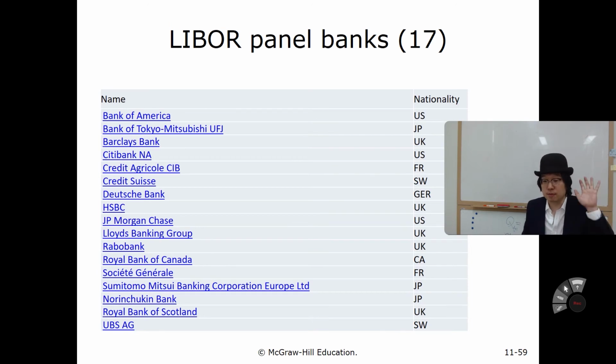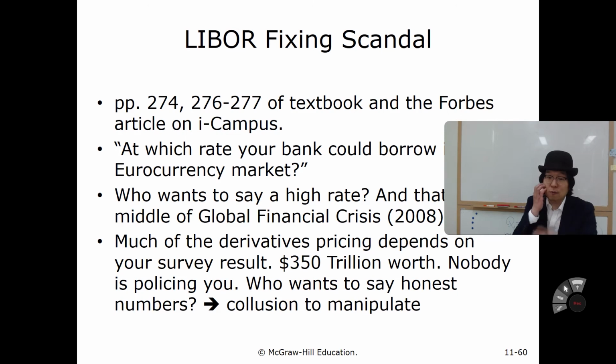Major banks, perhaps they used to be major banks in the 90s or 80s, but some of them are not. But the LIBOR fixing scandal has been an issue since 2008 and 2009. And the textbook describes in detail that situation, pages 274 and 276 to 277.